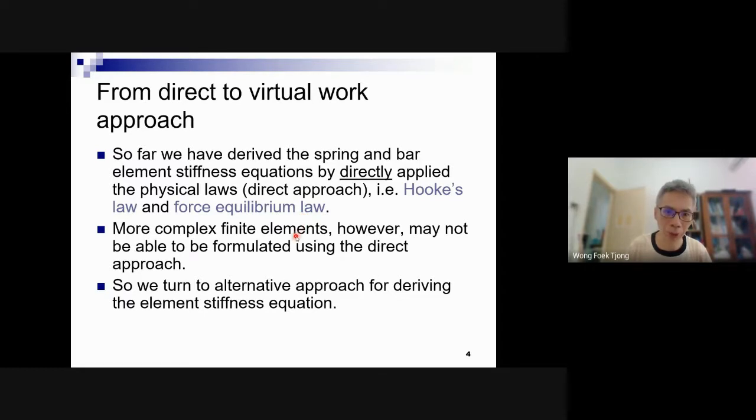For more complex finite elements, however, we may not be able to formulate using this direct approach. So we have to turn to another systematic approach for obtaining the discrete equations or the stiffness equations, right?